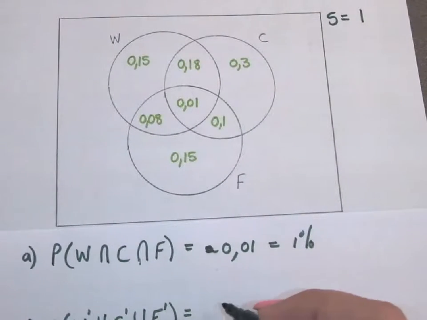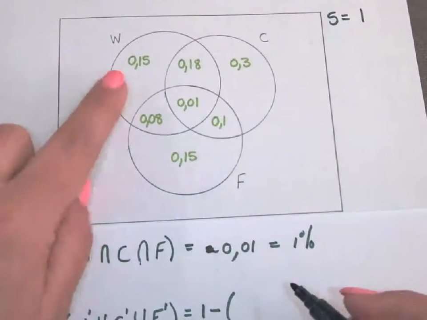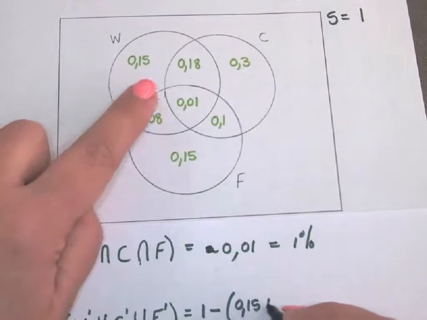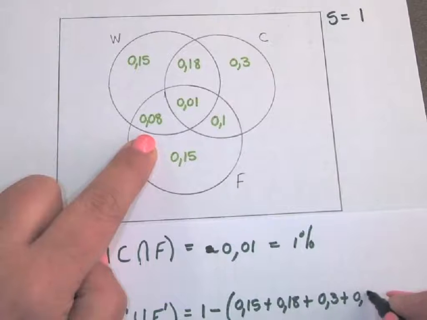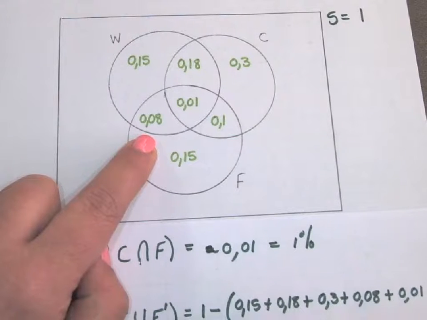So this will be 1 minus 0,15 plus 0,18 plus 0,3 plus 0,08 plus 0,01 plus 0,1 plus 0,15.